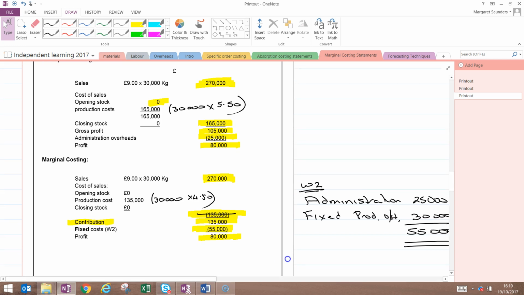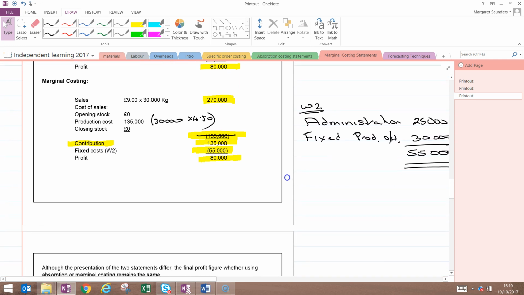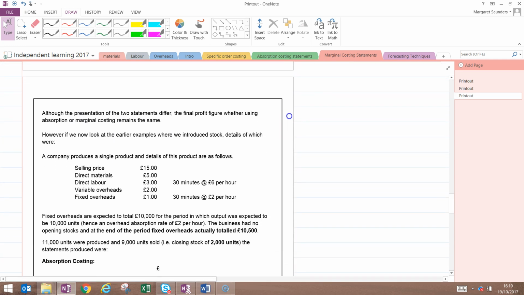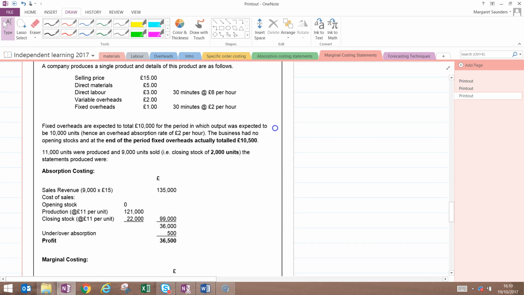However, I'm now going to look at a second example where we have a closing stock. So I'm going to do the same as I did earlier and firstly work out the production cost using both absorption and marginal costing.